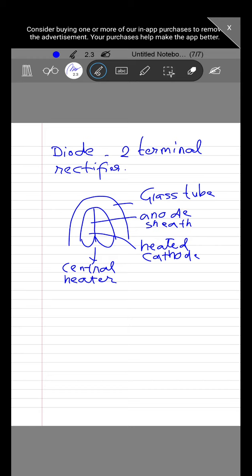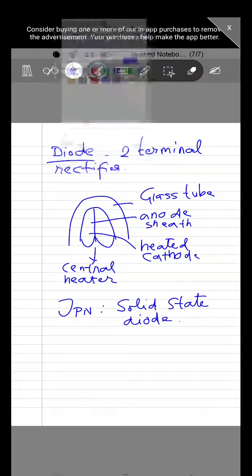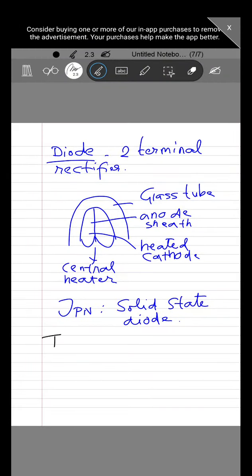So as we have a diode which has two terminals, you can call a PN junction a solid state diode. Similar to a diode, you can also have something called a triode, which has three terminals.